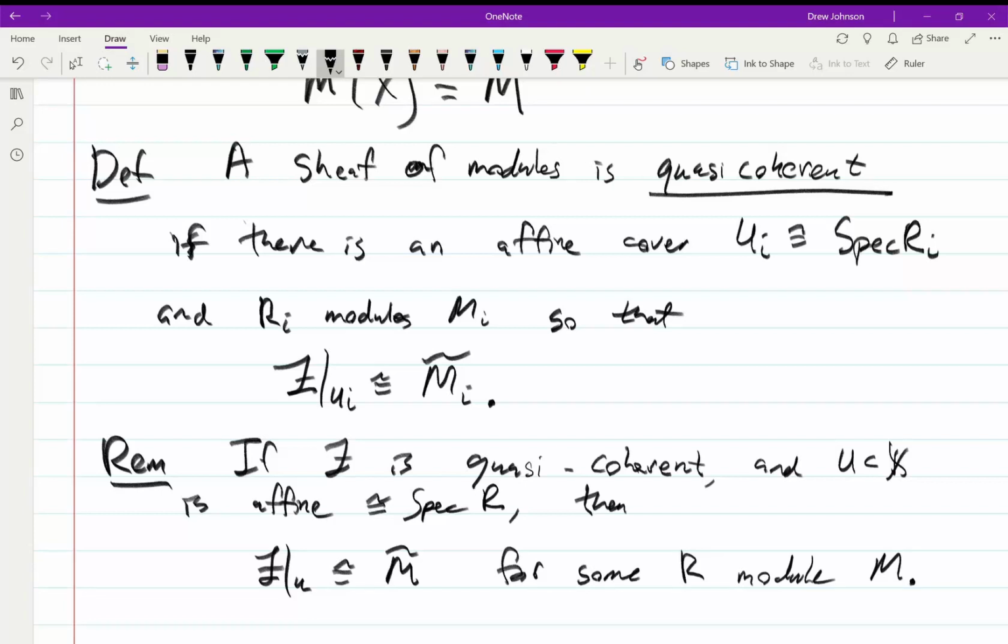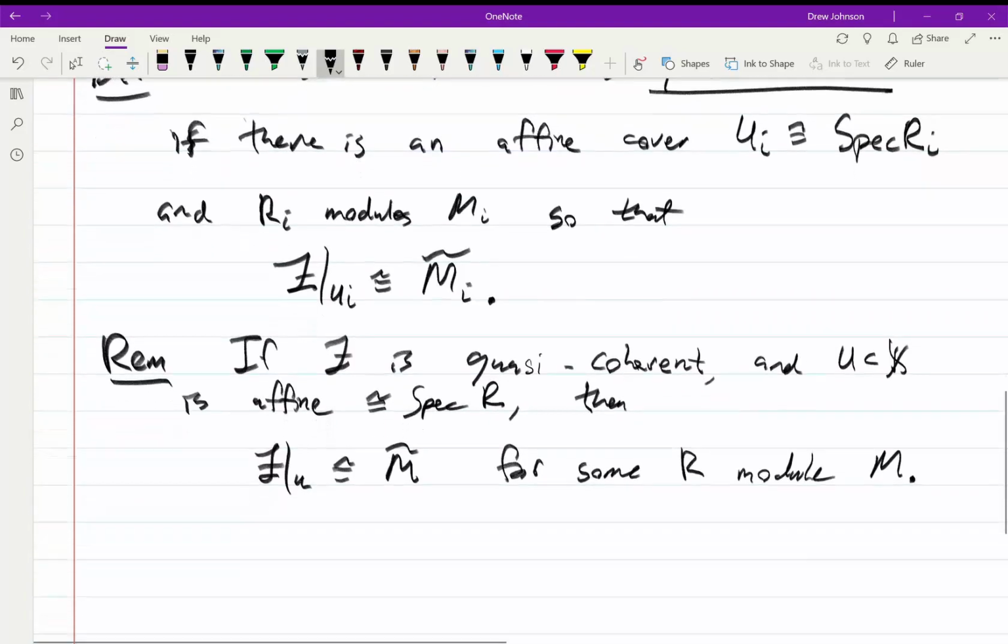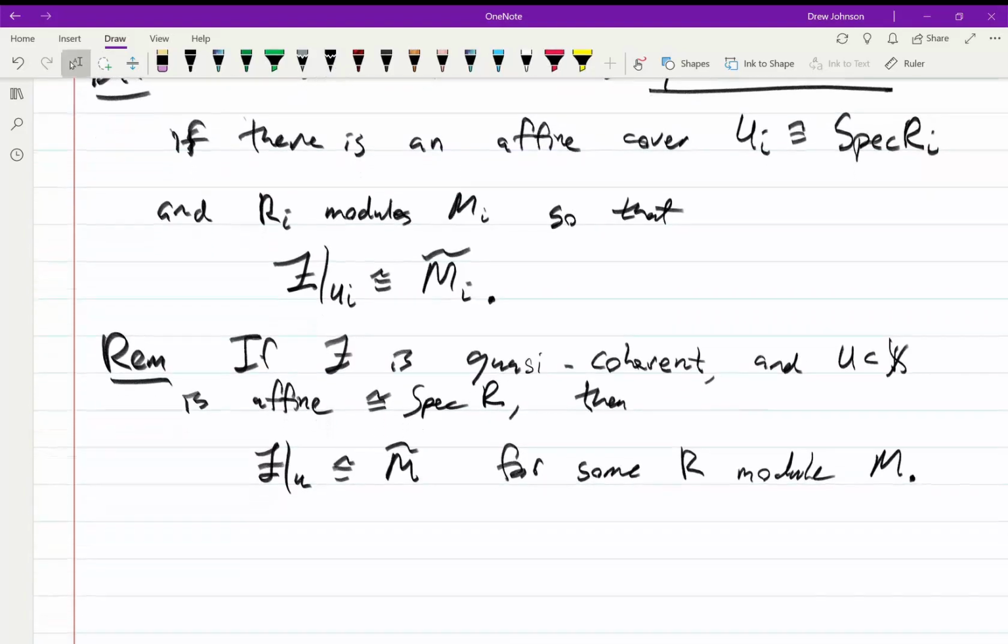This remark is saying, in fact, for any affine open set, F is going to be given by a tilde module.